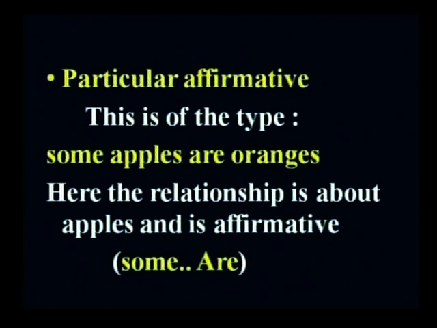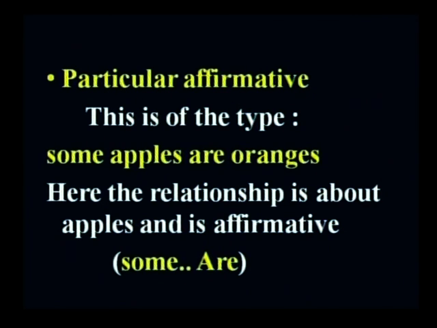If a statement is not a universal affirmative and not a universal negative, then it has to be a particular affirmative or a particular negative. Let me show you how a particular affirmative statement looks. It looks like: some apples are oranges.